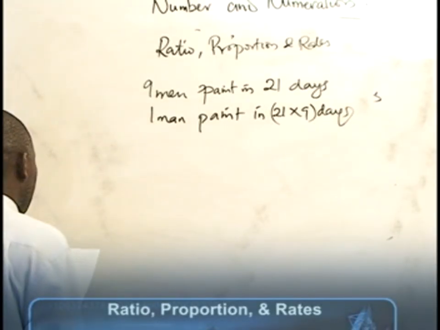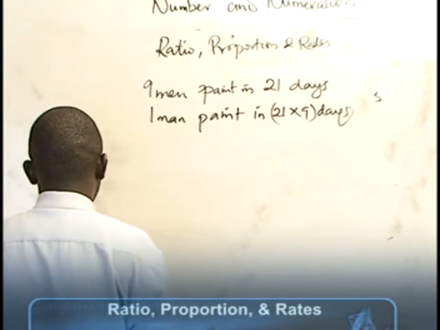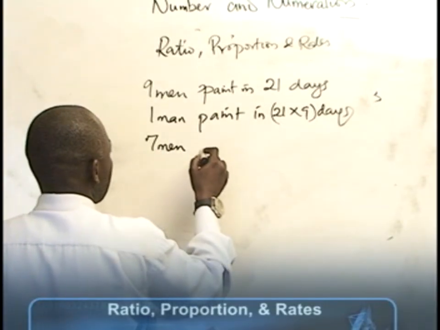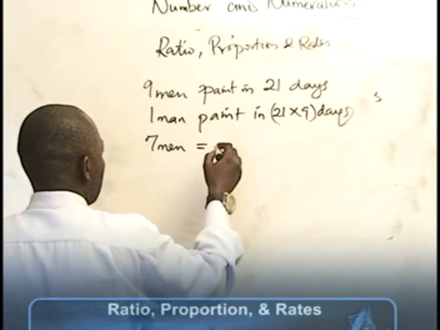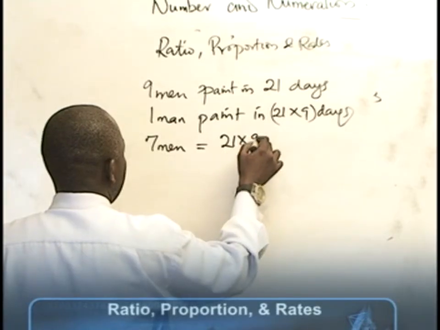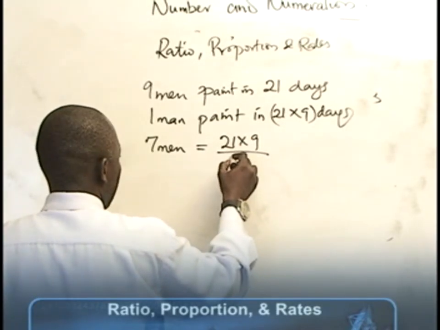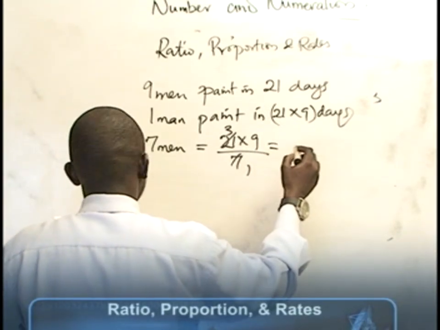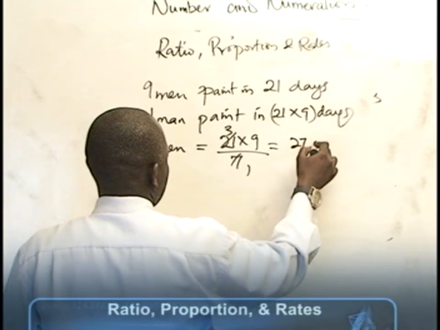And the question says we should find how long it will take 7 men. So 7 men, we have 21 times 9 divided by 7. 7 here 1, here 3. So eventually we have 27 days.